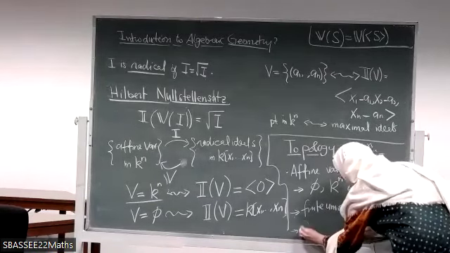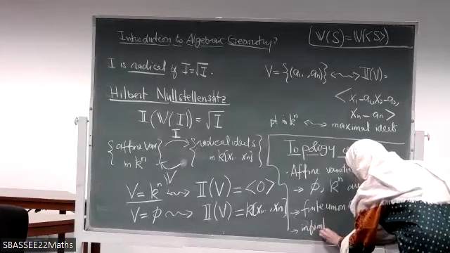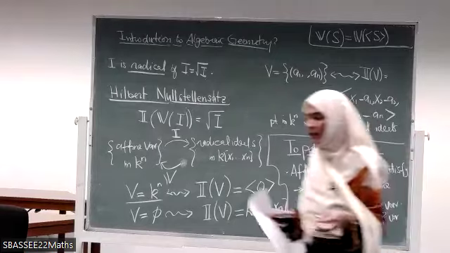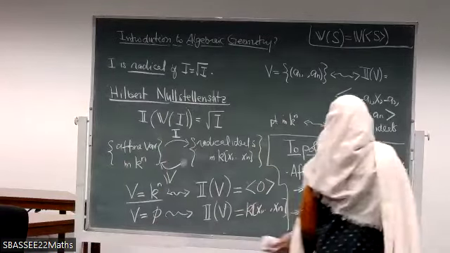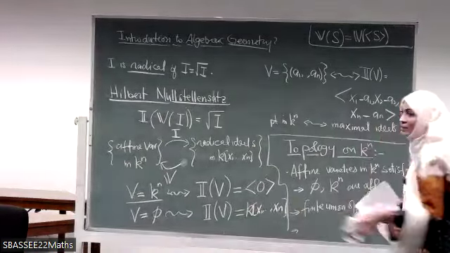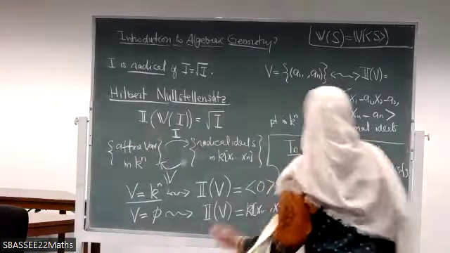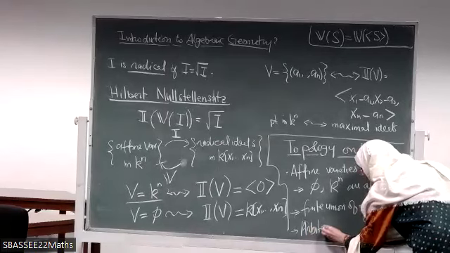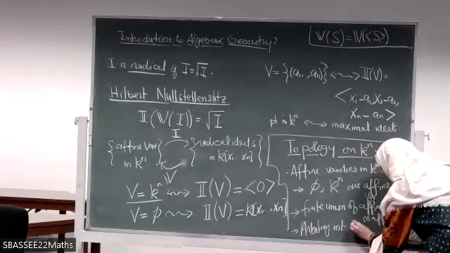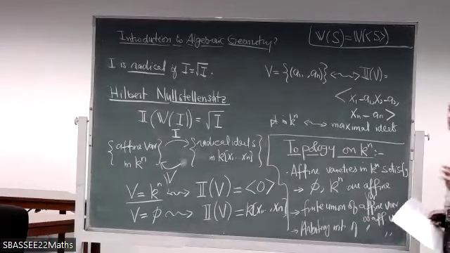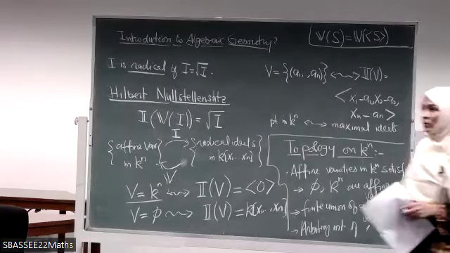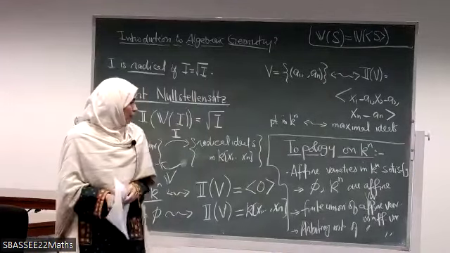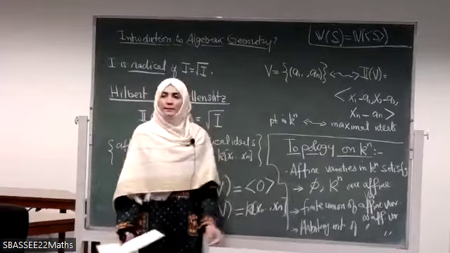And the last one: the intersection of arbitrary, instead of infinite I will write arbitrary because it's also satisfied for the finite case as well, the intersection of affine varieties is affine. Right? So we have already seen these three properties of affine varieties.